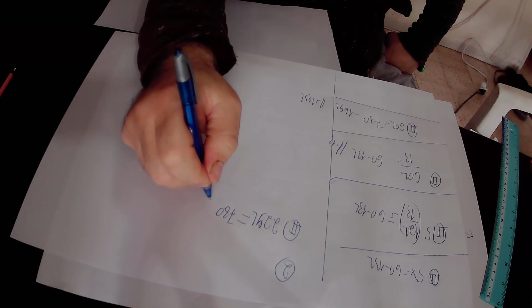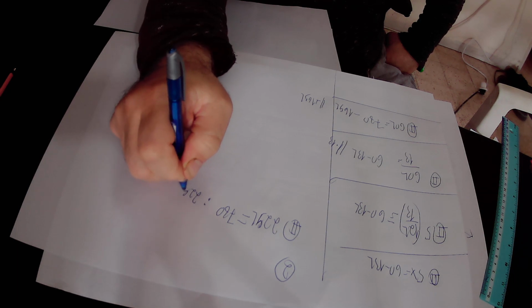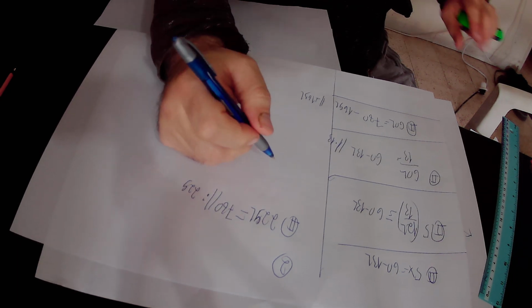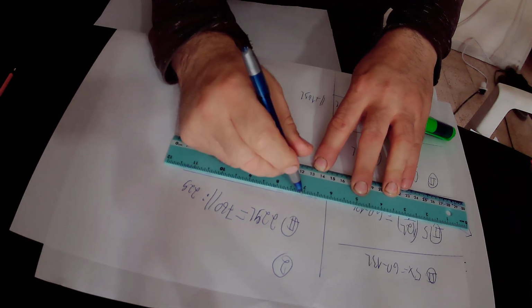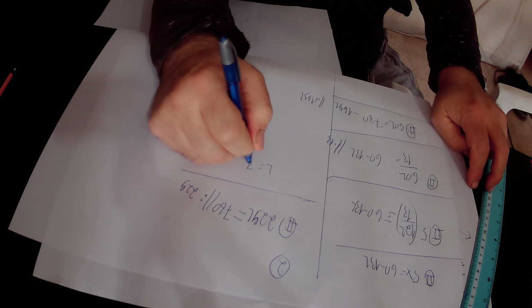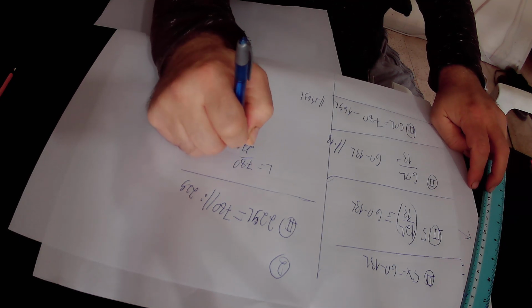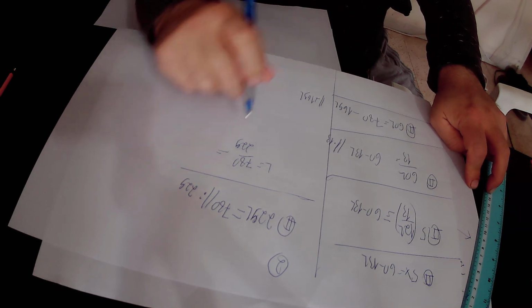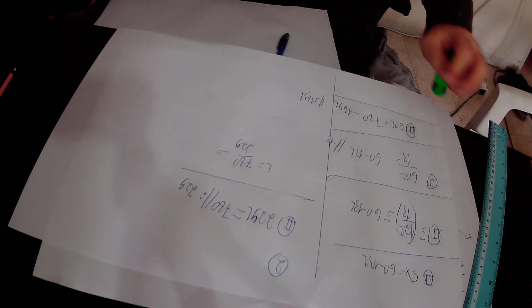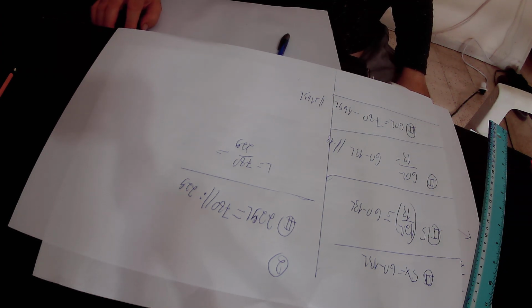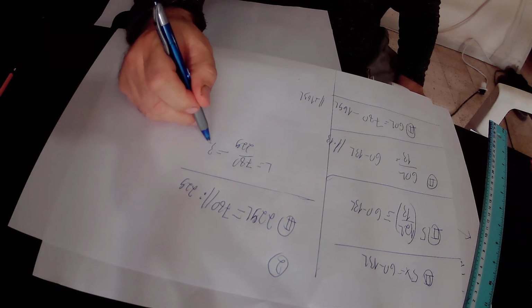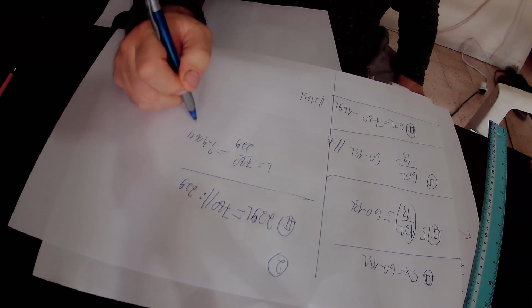So here we divide this equation by 229, and we get that L equals 780 over 229, which equals 3.40611 units.